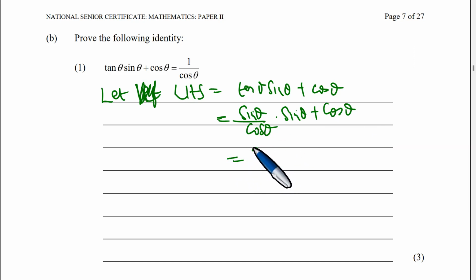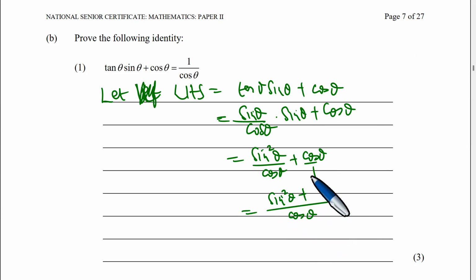What is sine times sine? It is sine squared theta divided by cosine theta, over 1. The LCD is cosine theta. Cosine theta divided by cosine theta is 1. Sine squared theta plus cosine theta divided by 1 is cosine theta times that, which is cosine squared theta. Cosine squared plus sine squared is 1, so we have 1 over cosine theta.